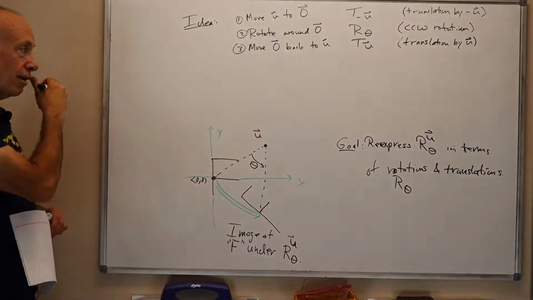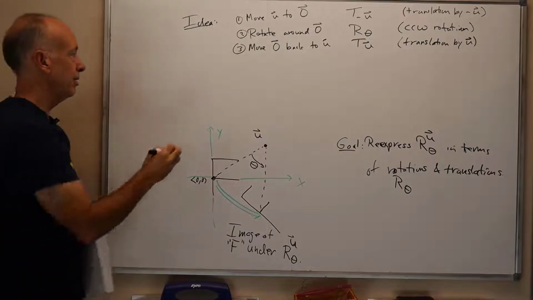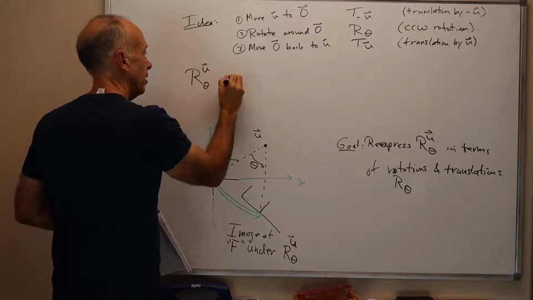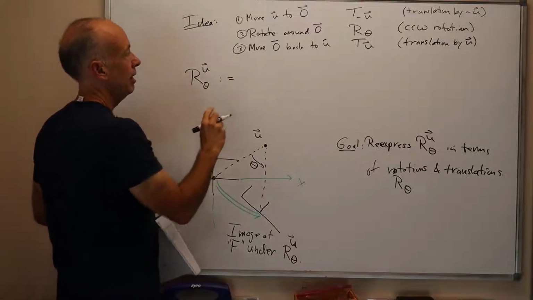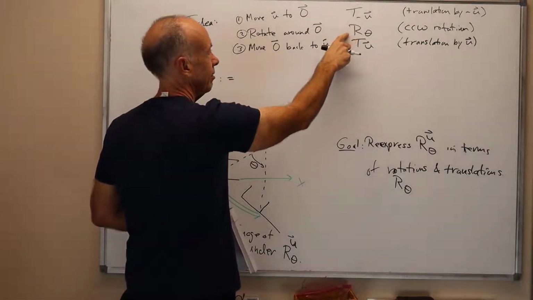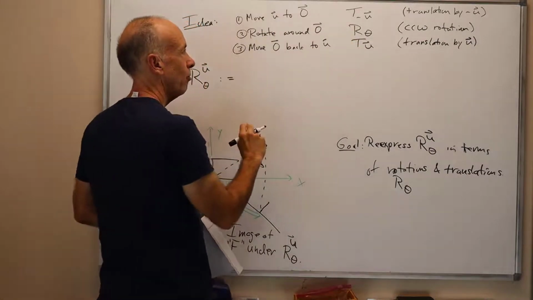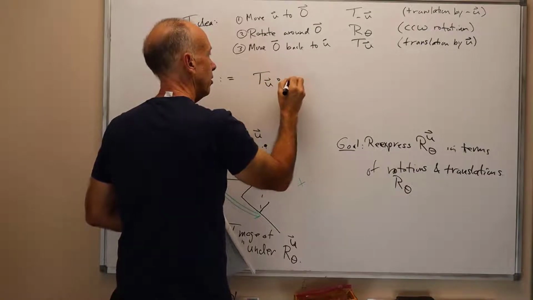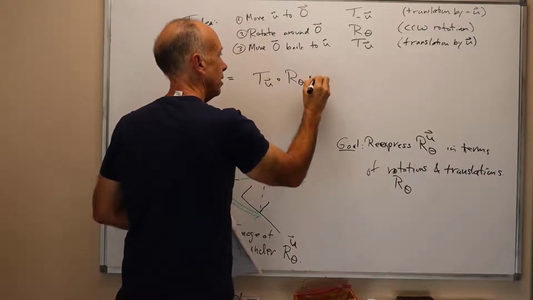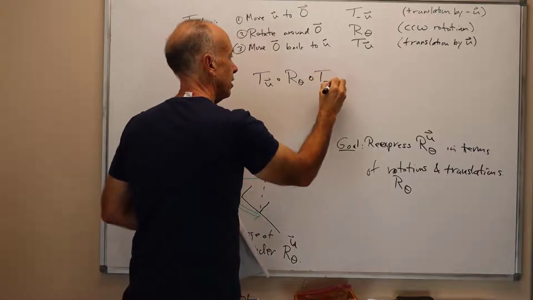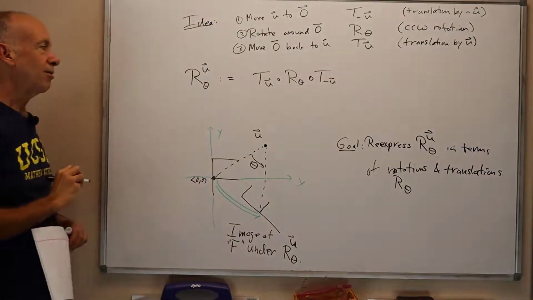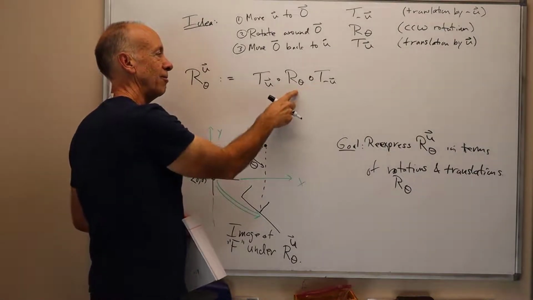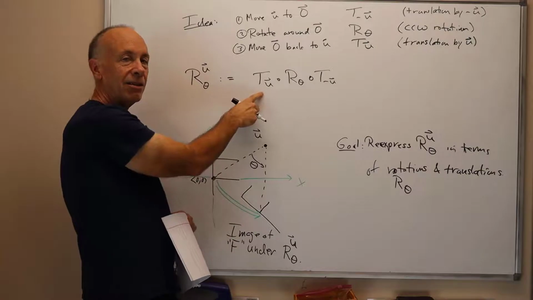Okay, so let's write this out. How do we write this out? We write it as a composition. R u theta is defined to be t u composed with r theta composed with t minus u. It looks almost backwards. We think of first moving u to 0, that's t minus u. We then rotate, then we move 0 back to u, that's t u.